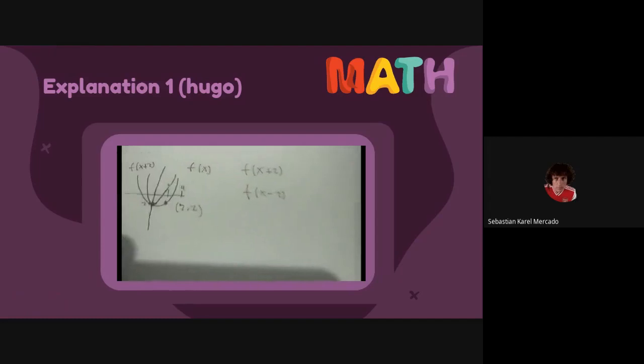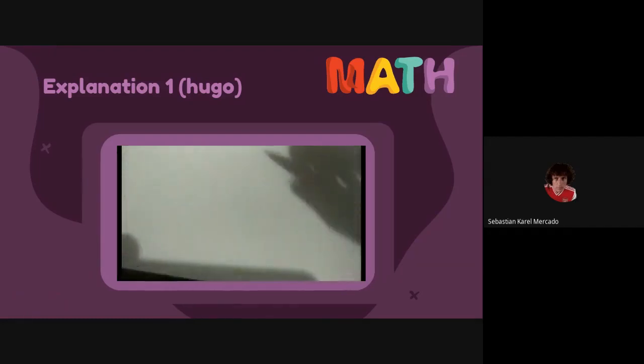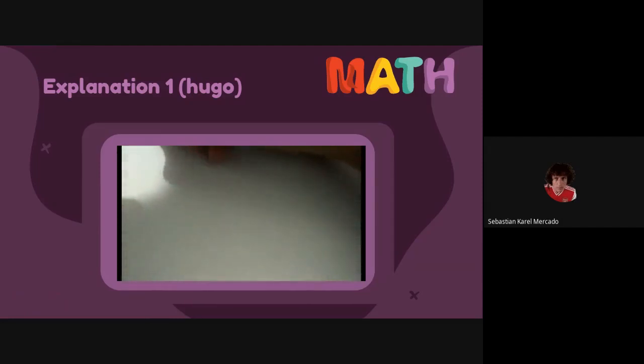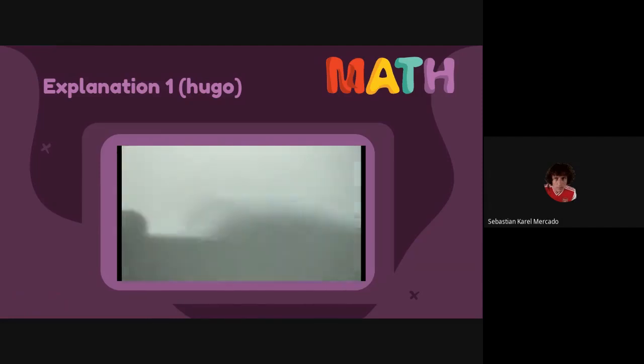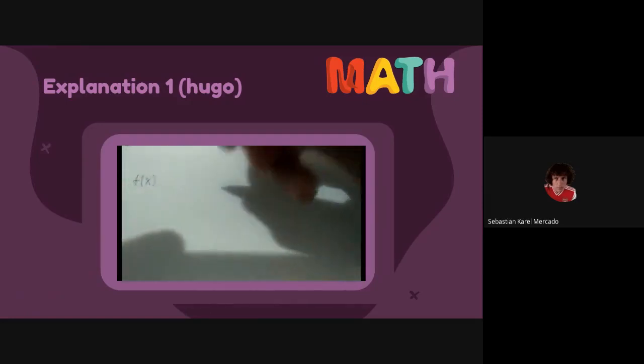Sorry, because the space is not enough, I'm going to make a new graph and do a little recap. If we want to draw f(x), the first one here, maybe we will make it like this.